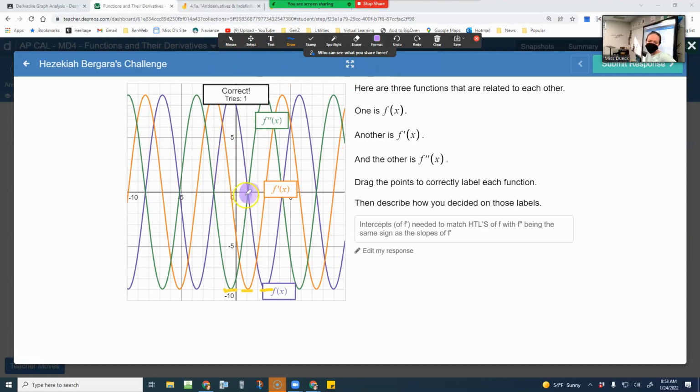Check out here, right? Don't both functions have intercepts? The green and the purple have intercepts, right? But check it out. Here's how you can know all of their relationships.